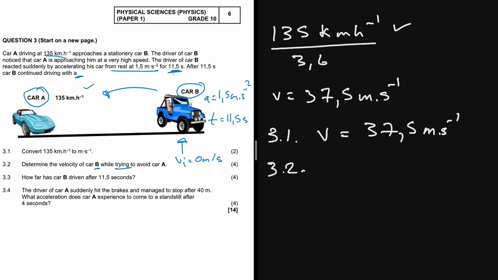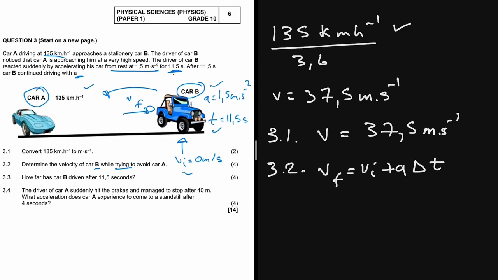To get the final velocity, or speed, of car B, we need to use the equations of motion. You have to select a suitable equation. In this case we have initial velocity, acceleration and time, so we can select the first equation of motion: final velocity is equal to initial velocity plus acceleration multiplied by change in time.